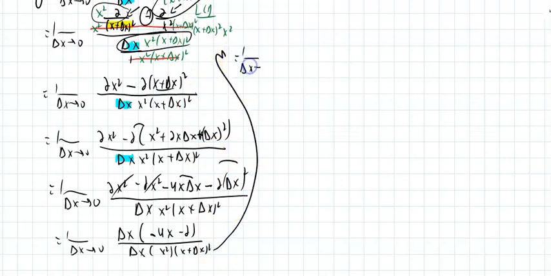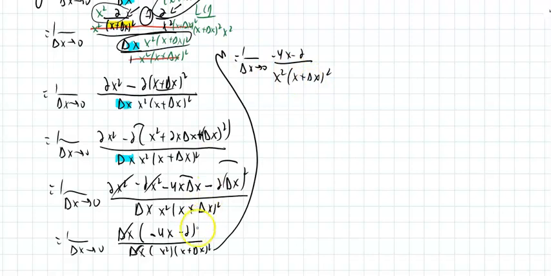Limit as delta x approaches 0, those cancel out. Negative 4x minus 2 over x squared delta x plus delta x squared. Oops, I thought that cancelled out. So that would be x squared into (x plus delta x) squared. Now, if you let delta x equal, did I miss something?